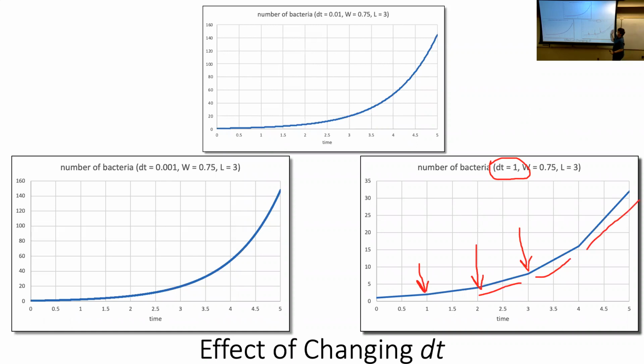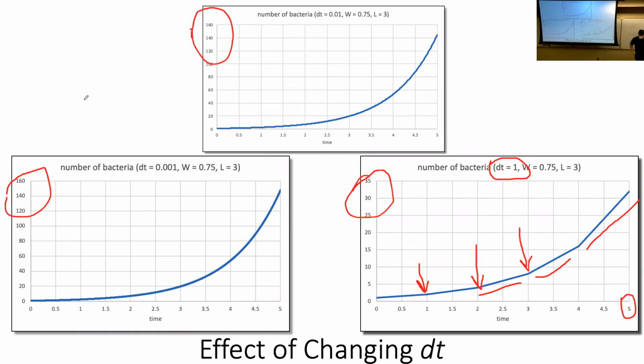All right, so if we look at these things, these all have the right shape. So they all look good in terms of shape. But if I focus on the axis here, these are all simulating for 5 seconds, or 5 whatever time units.